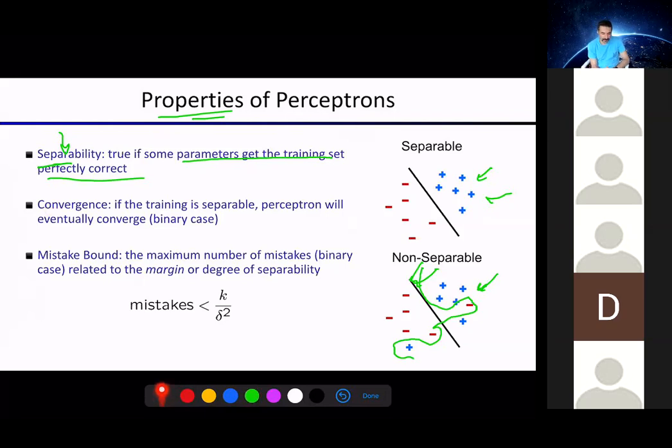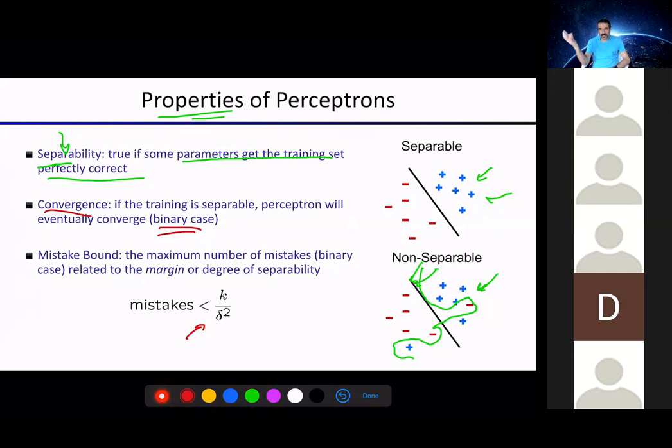About convergence, basically, if the training data are separable, in the binary case, only in the binary case, it converges. There is a guarantee about that. There is a proof that it converges. And actually, there is a proof that there is a maximum number of mistakes if the two classes are separable.